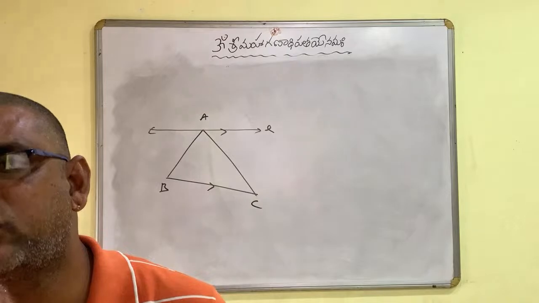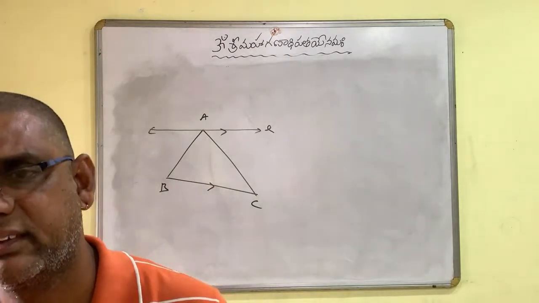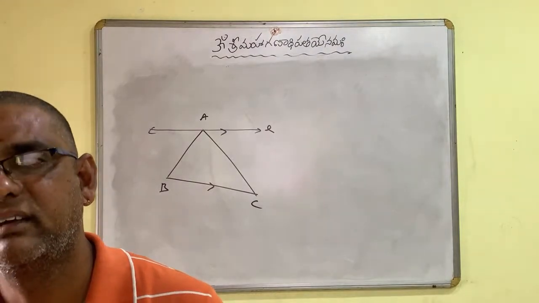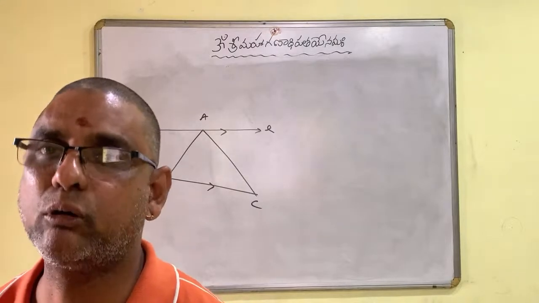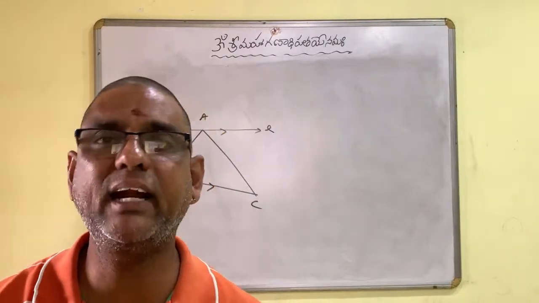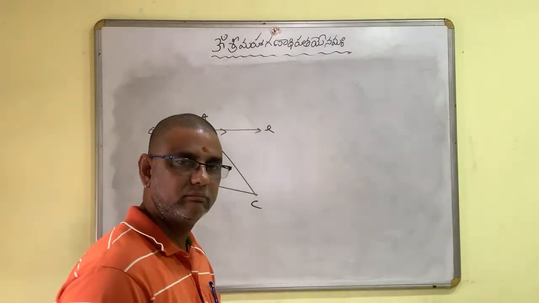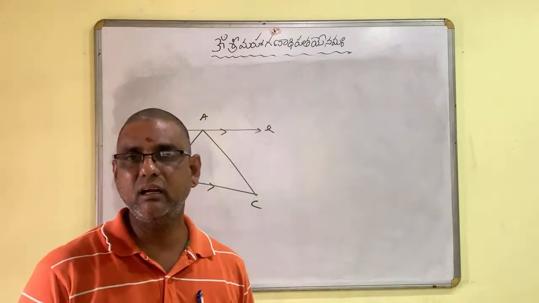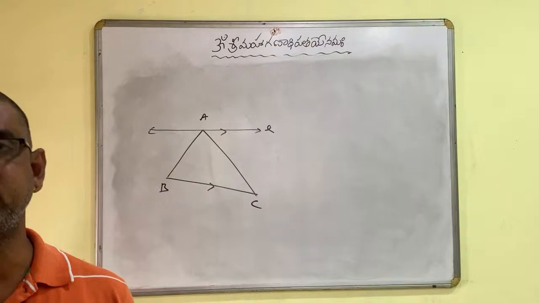Line L is passing through A, and A lies on AB as well as on AC. That means L is intersecting both, but at one point only.